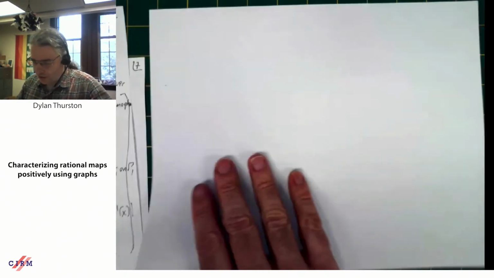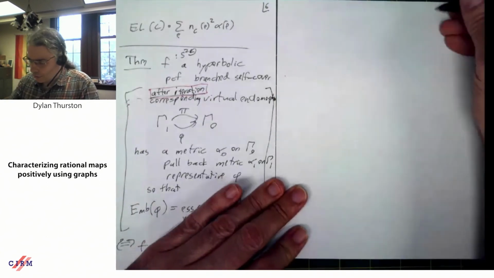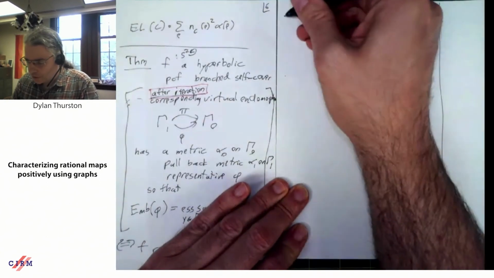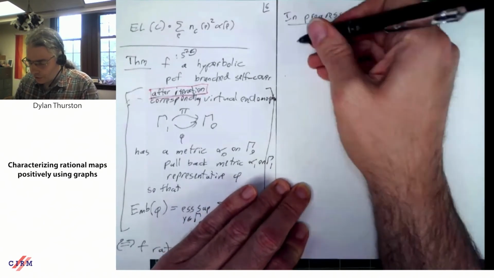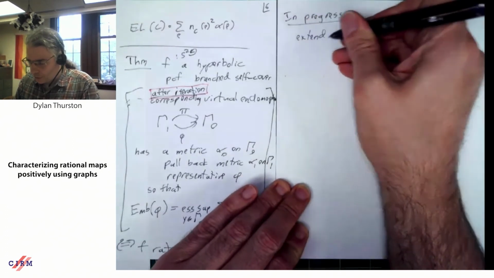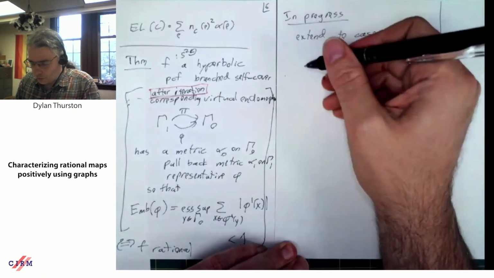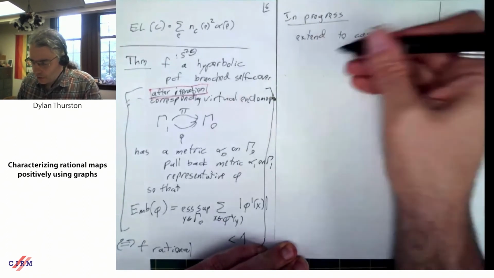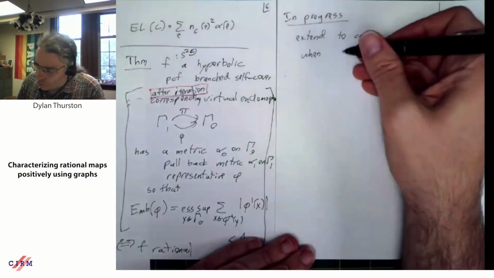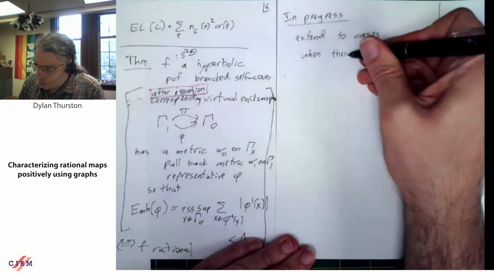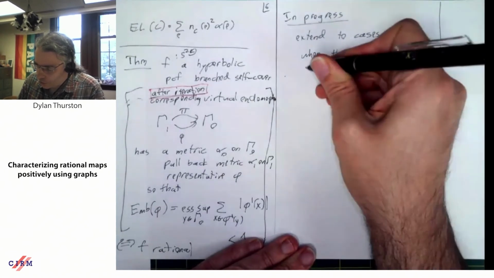Maybe I'll mention that you can hope for more. In progress is extending to a much weaker condition, basically when the Julia set is not the whole sphere. So instead of asking that there's a branch point in every cycle, I ask for the case when there is at least one branch point in one cycle.